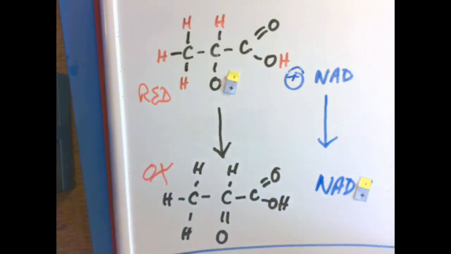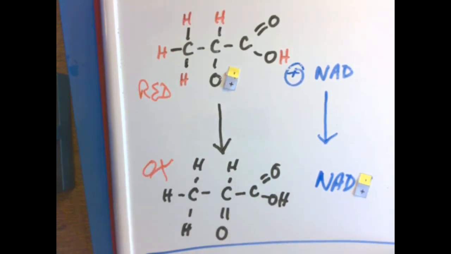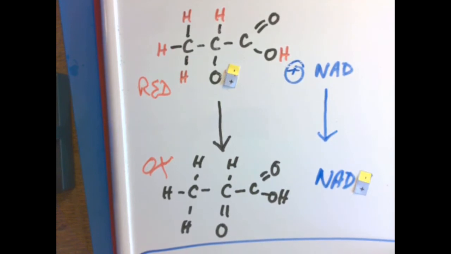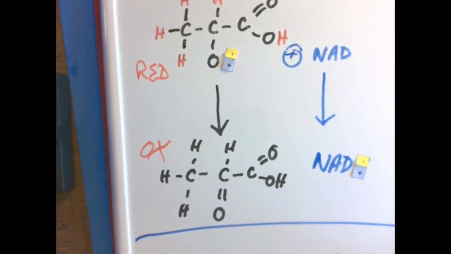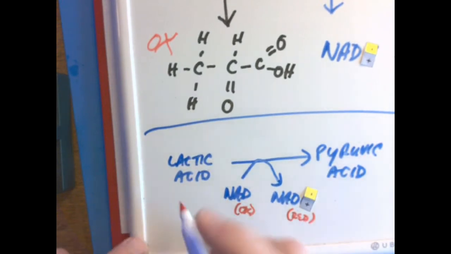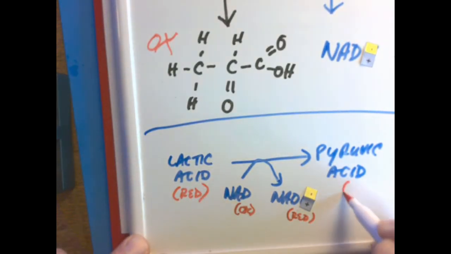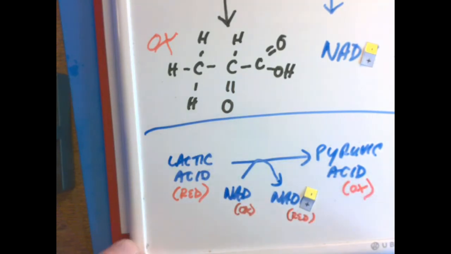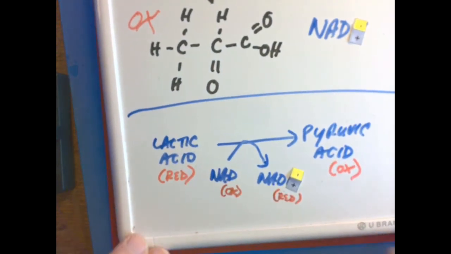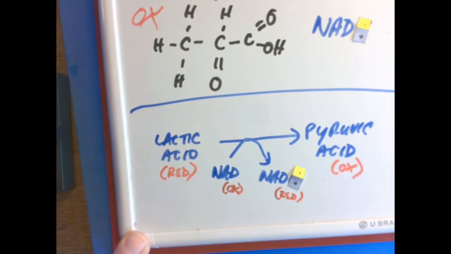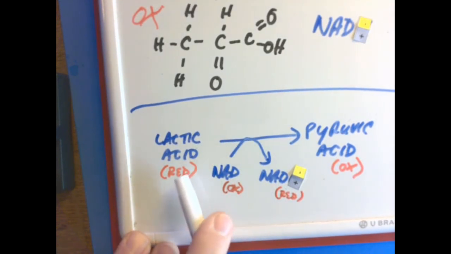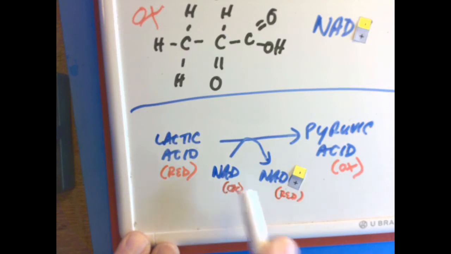Again, reduced means more electron equivalent rich, and oxidized means more electron equivalent deficient. So I can say that the lactic acid is more reduced than the pyruvic acid. If I want to really highlight this, it's the equivalent of somebody walking up to me, taking a $20 bill out of my wallet, handing it to a third person, and then stepping away.